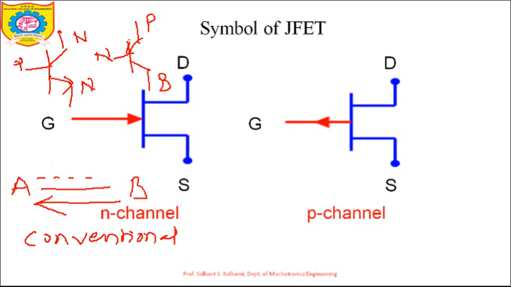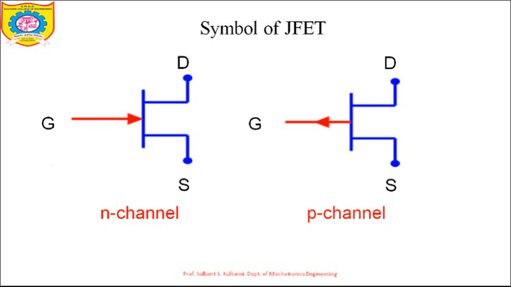Here in the NPN, and the same is the case with the PNP, the arrowhead indicates the direction of conventional current flow. Coming back to the FETs now, in the FETs also there is one arrowhead going from the gate region to the source region, so this arrowhead indicates the direction of conventional current flow.